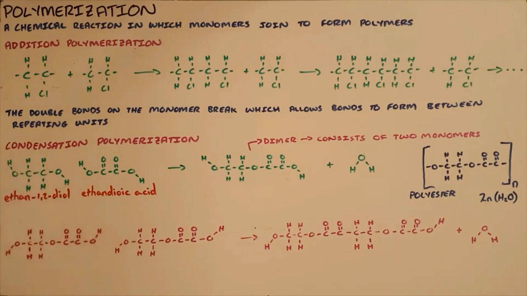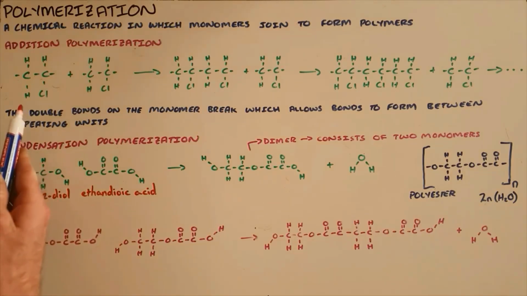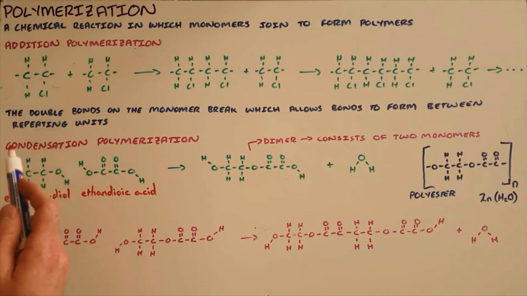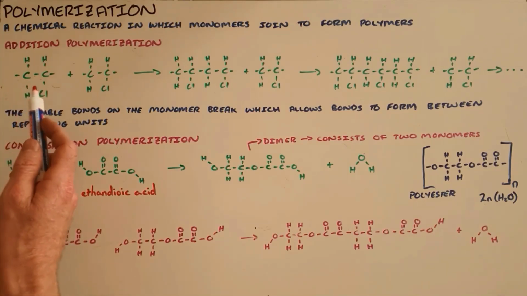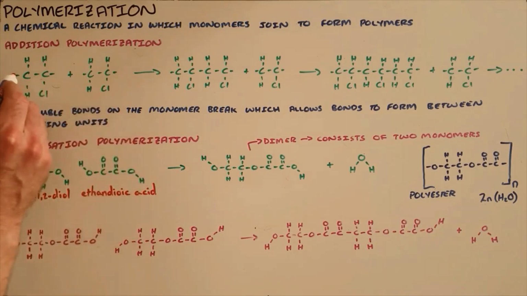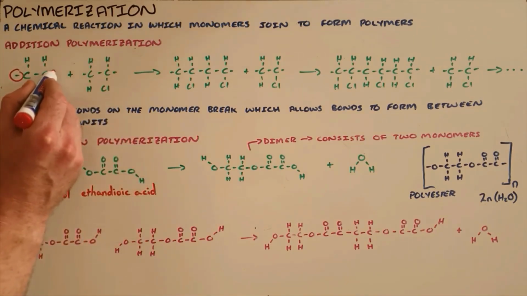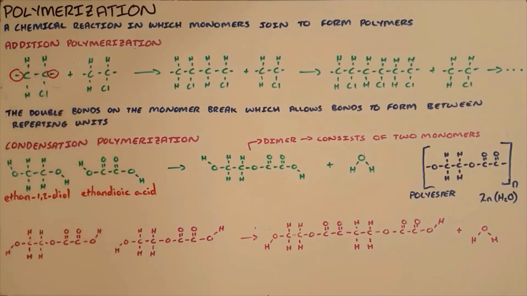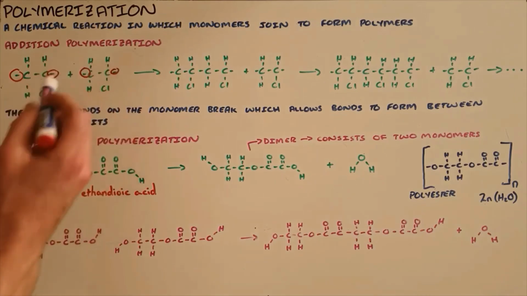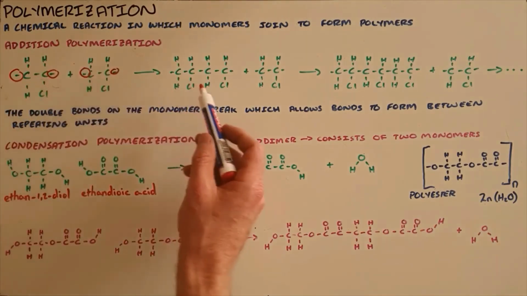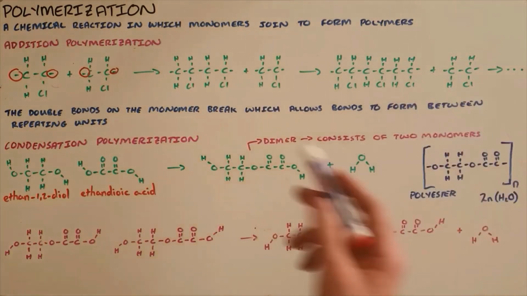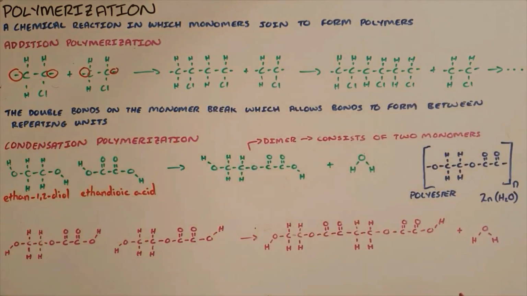So as an example here, we have the repeating unit that is obtained from the monomer vinyl chloride, that being 1-chloroethene, and when that double bond breaks, it allows a radical to form on either side of the carbon, which allows those carbons to look for bonds, which then allows those carbons to attach to each other in an ever-growing chain that goes on to form a polymer.